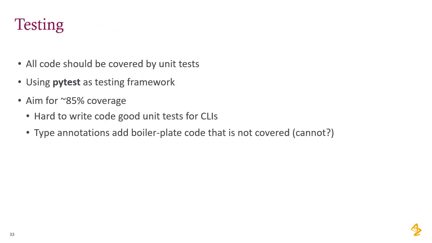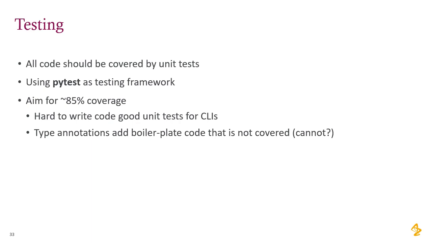Let's talk a little bit about the testing of the code. All code should be covered by a unit test, and we use the PyTest framework for writing the unit tests. We aim for about 85% coverage, which I think is a nice and round number.